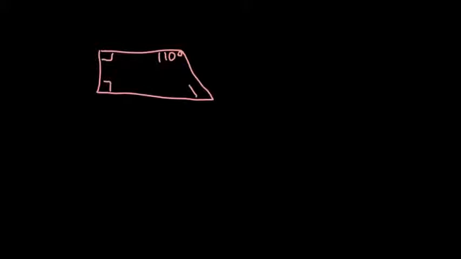Alright, so I have a quadrilateral here. Happens to be a trapezoid. So, if I need to find that missing angle measure, there are 360 degrees in any quadrilateral. All quadrilaterals will have 360 degrees. So, in this I have two 90 degrees and a 110 degree. In order to find that missing one, I'm going to add up what I already know.